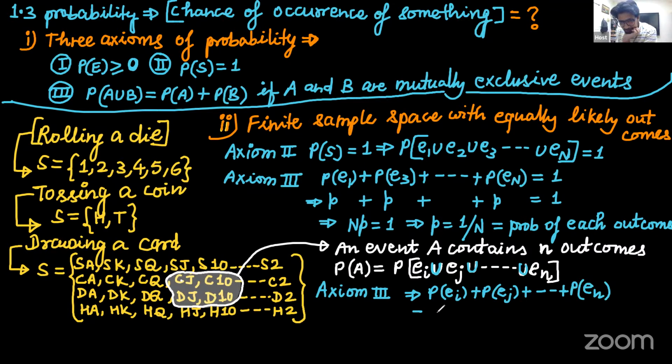My dear friends, but this is also 1 upon capital N, and this is also 1 upon capital N, and this is also 1 upon capital N. So you are adding 1 upon capital N how many times? Small n number of times.